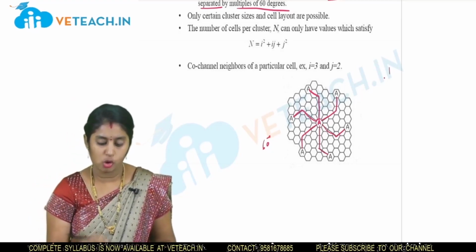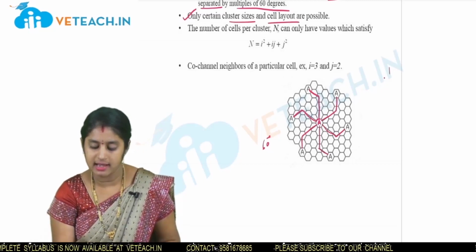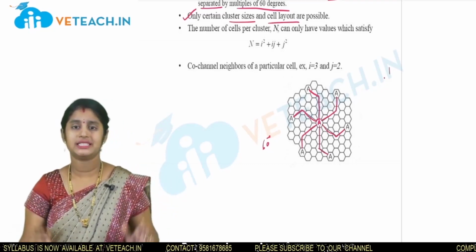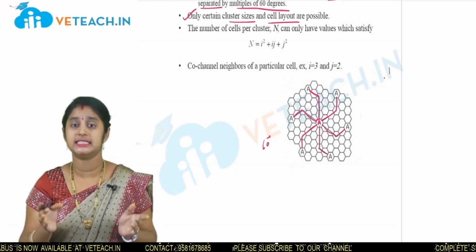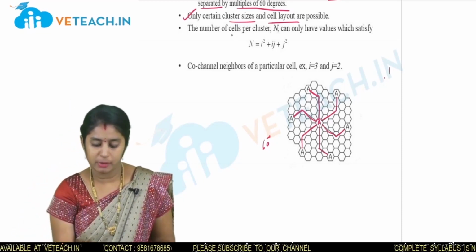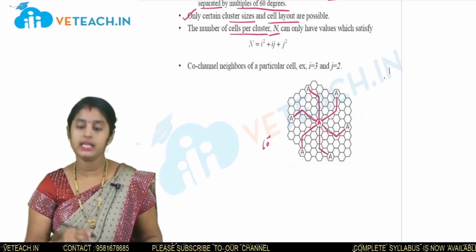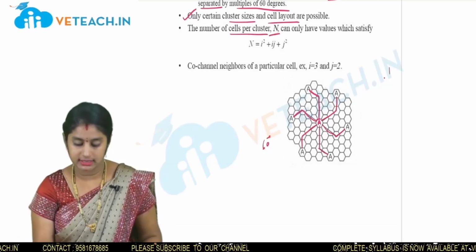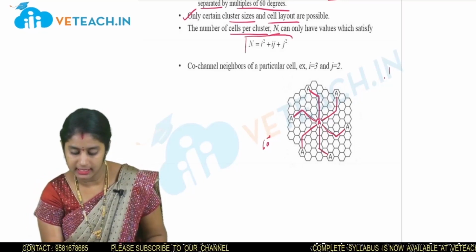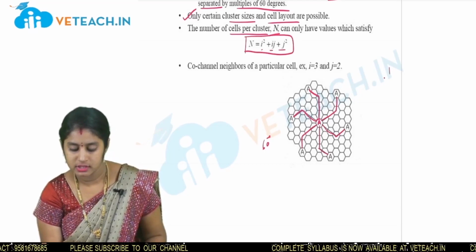Okay, next, it only has certain cluster sizes and cell layouts. That means only certain shapes, sizes and capacities of cells are possible. And next, the number of cells per cluster, capital N, can only have values which satisfy N equals I square plus IJ plus J square.